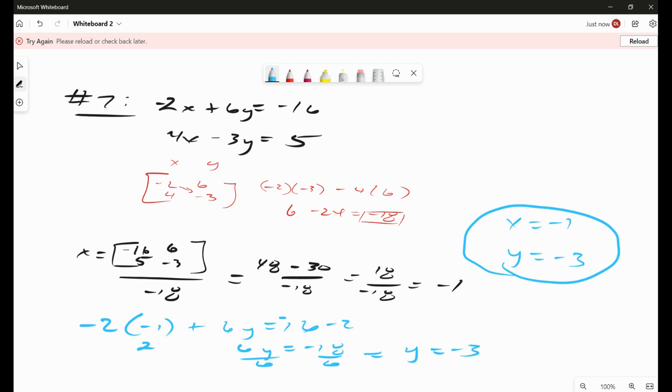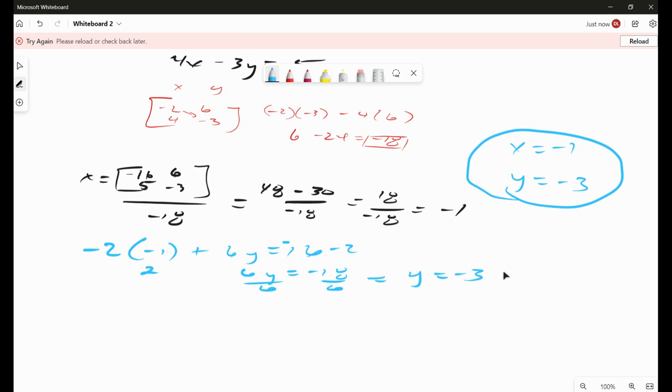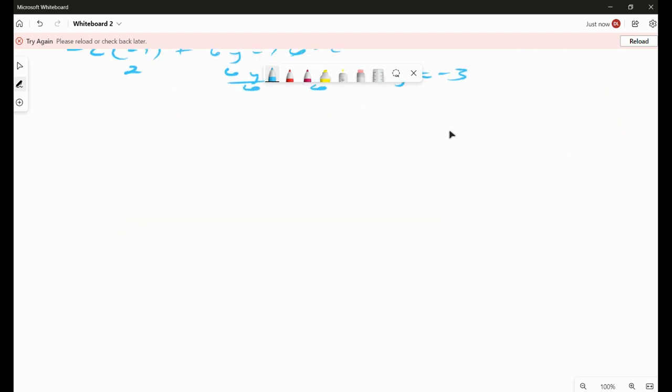All right, so let's do another one here, and we'll move this up. We are going to do slope intercept through the line. So I'll do number 9 right now.